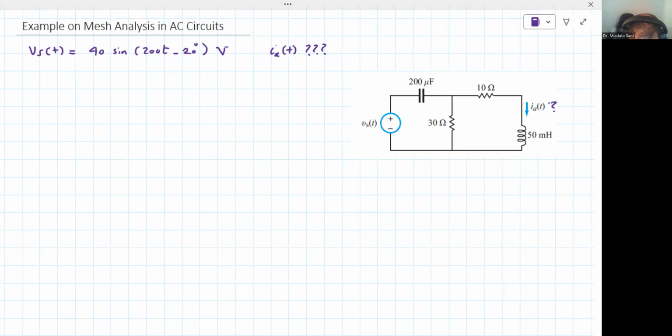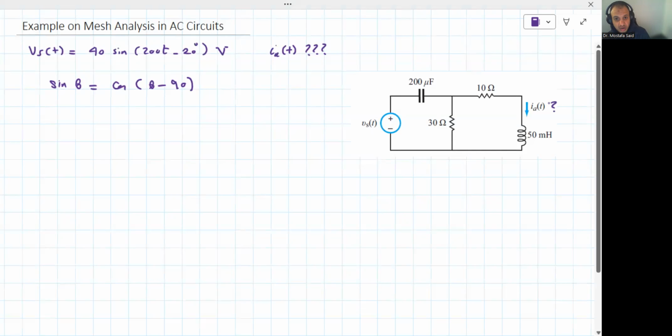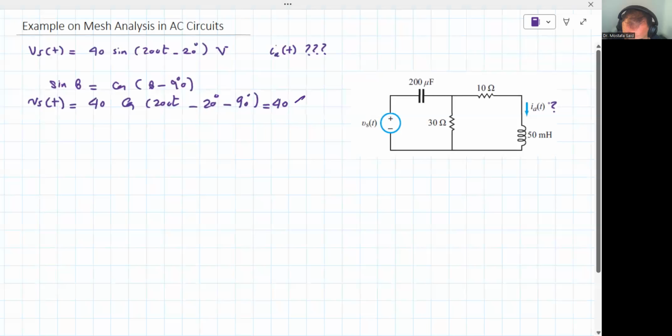We know that sine theta equals cosine of theta minus 90. So basically we subtract 90 degrees from the phase of the sine function, and it becomes cosine. So Vs of t can be written as 40 cosine of 200t minus 20 degrees minus 90, so it will be equal to 40 cosine of 200t minus 110.